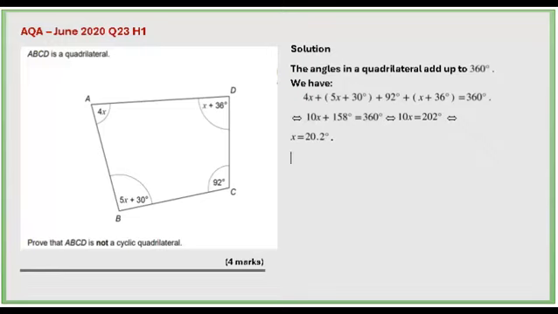If you pick, for instance, angle A and angle C and add them up, they must give you 180. If they don't give you 180, that means it's not a cyclic quadrilateral. We can pick the other pair, but it's a little bit more to calculate.